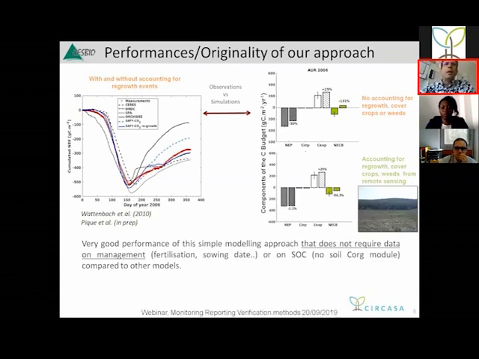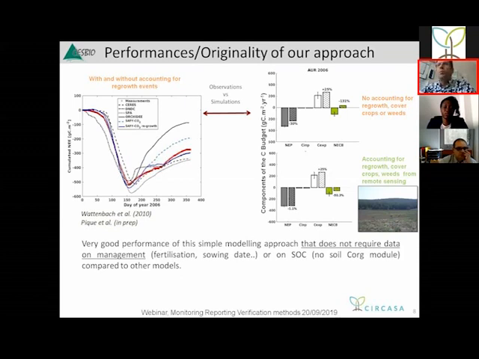And you see that when the weed development is accounted for, because it is seen by the satellite, it improves the estimates of the net CO2 flux, and therefore it improves the estimates of the carbon budget. And it's only with the remote sensing approach that you can take into account those events.